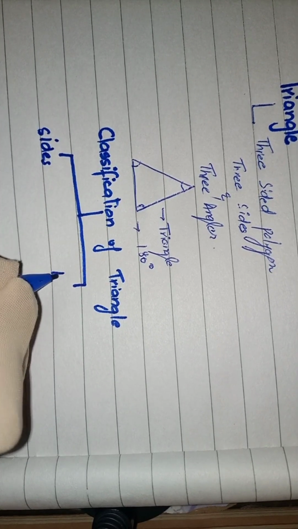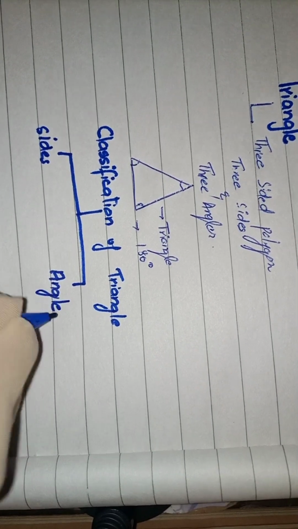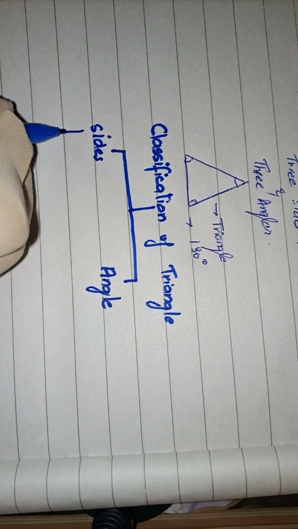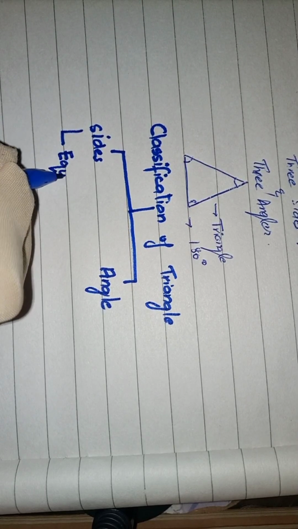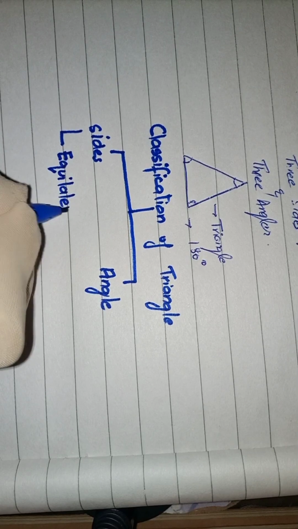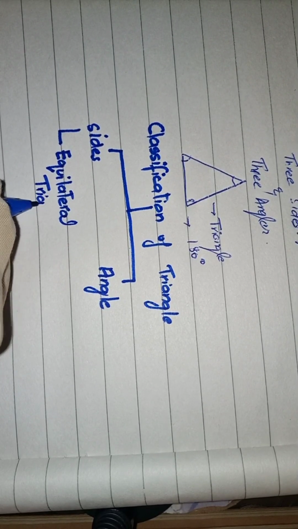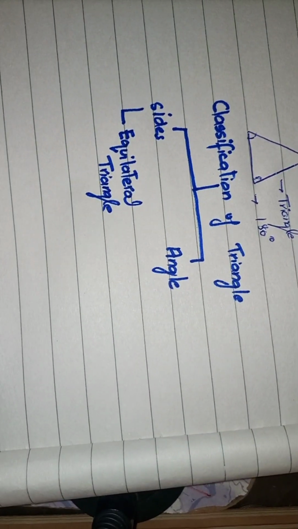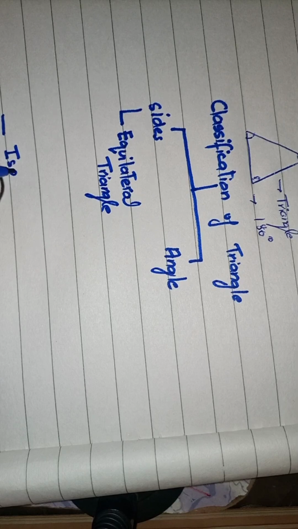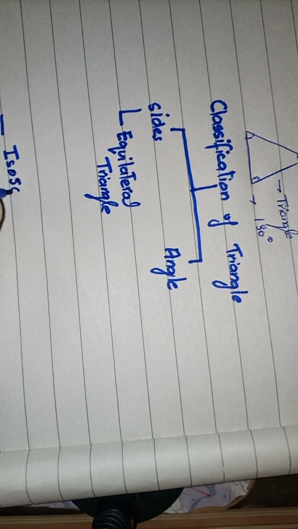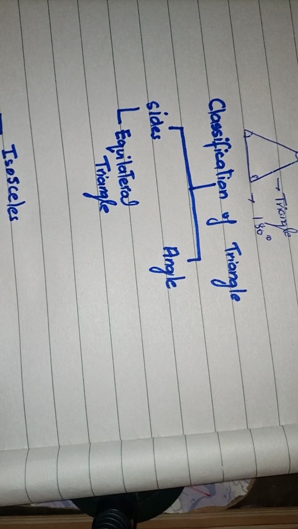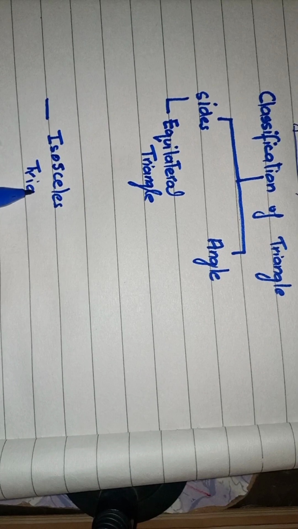On the basis of the sides, it can be classified as an equilateral triangle, an isosceles triangle, and the third is a scalene triangle. This is classified on the basis of their sides.